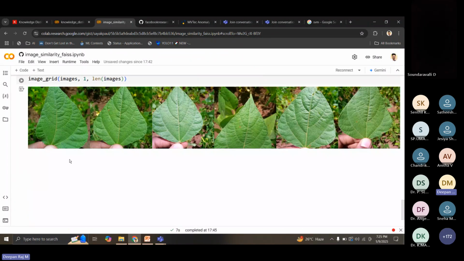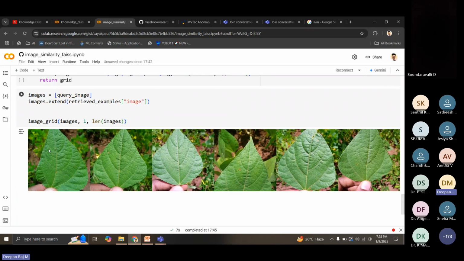If you see here, for this one particular image, I got 5 similar looking images. This is the query image which we gave, and these are the similar looking images I got. One important thing you see is that this nail part is present here, and that is also considered one of the features, because it does not focus only on the leaf, it focuses on the entire image.